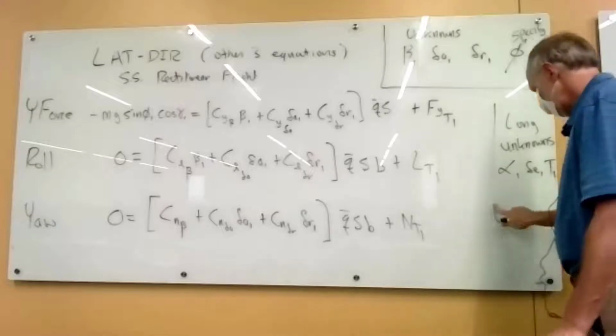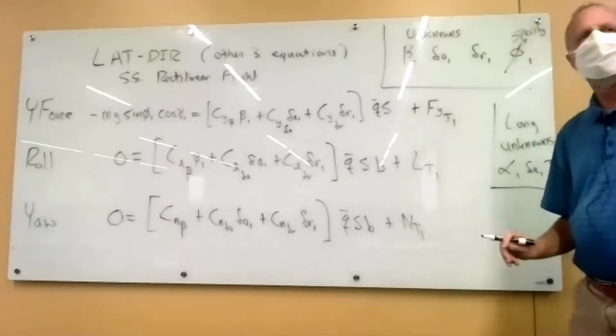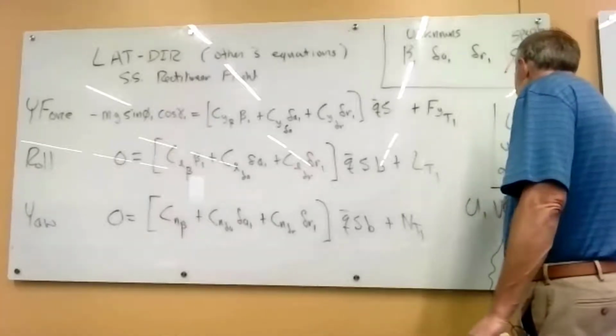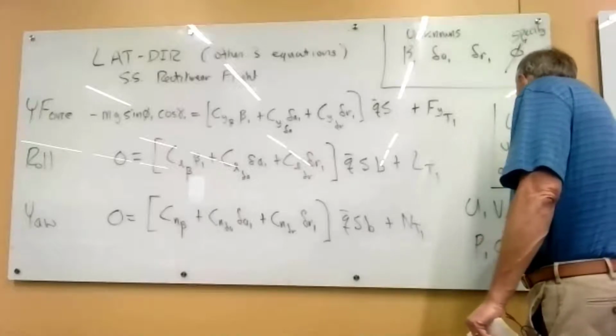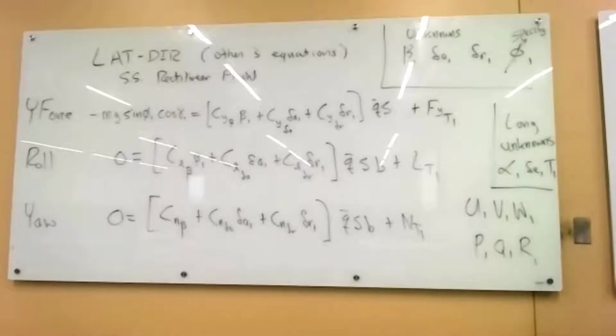So I have a question for you. The equations that we started with way back in chapter 1 had U1, V1, and W1, P1, Q1, and R1. Where did they go?